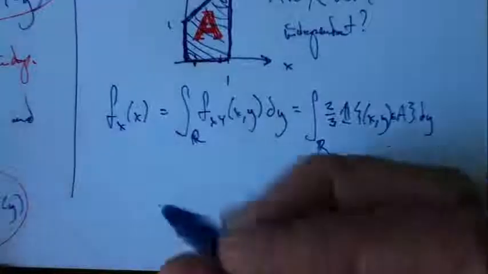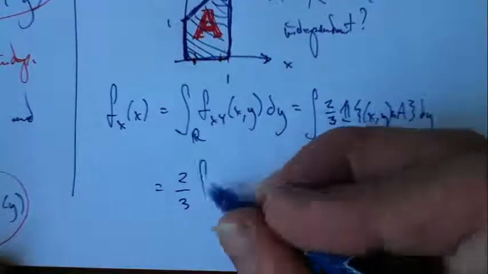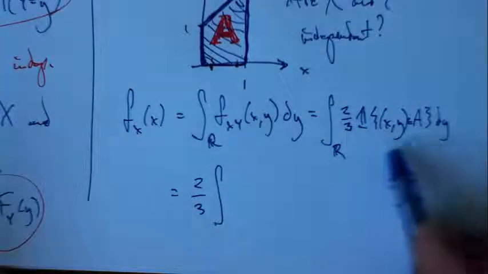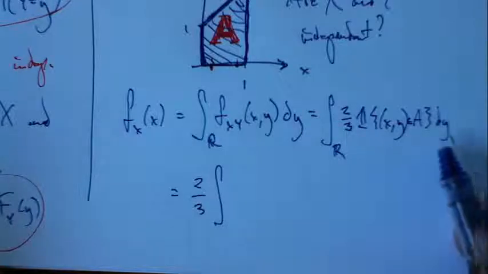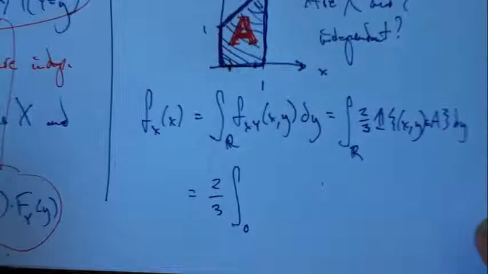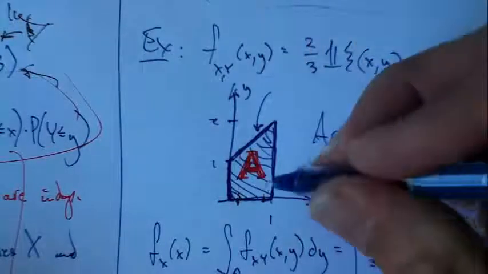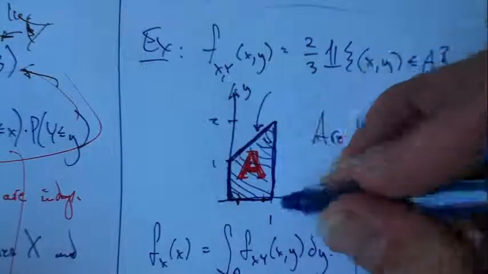Okay, so now what happens when I do this? I got 2/3 out there. I have the integral like this. This is 1 in this region called A. Where is y running from? It's running from 0 up to this line, right? Y goes from 0 up to this line.